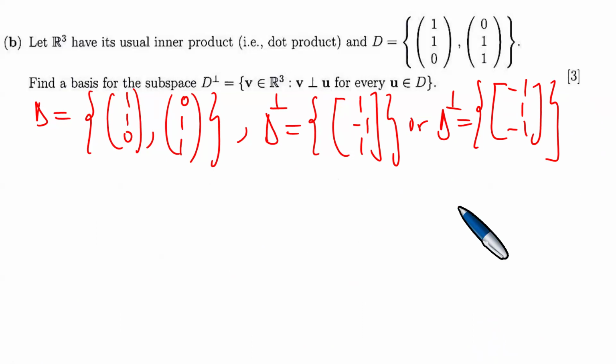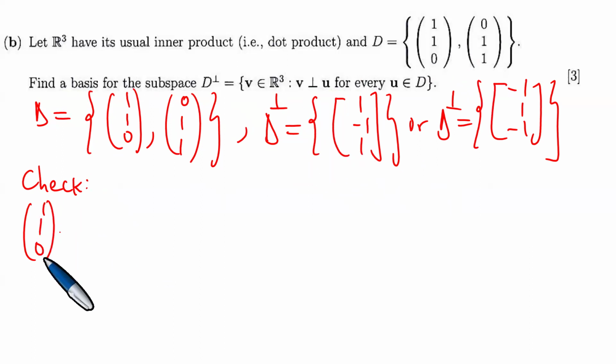So now we continue. We need to check these things. To do a quick check, which the examiner does not quite expect, let's dot this one with this. We are first taking this D perp because the D we know is already given, so the D is correct, but we need to check the one we got.